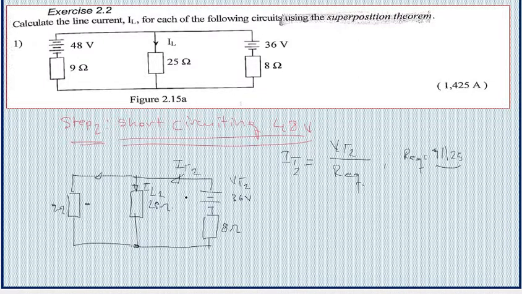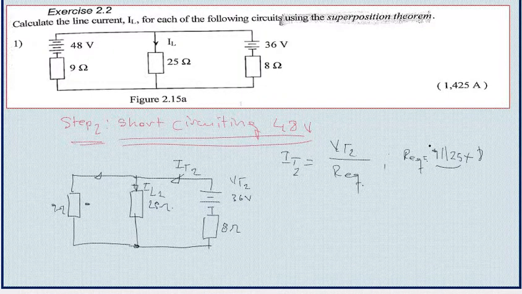So all this represents the whole set. So now the whole set is in series with the 8 ohm resistor. So since they are in series, I'm gonna add 8 ohm to the set.